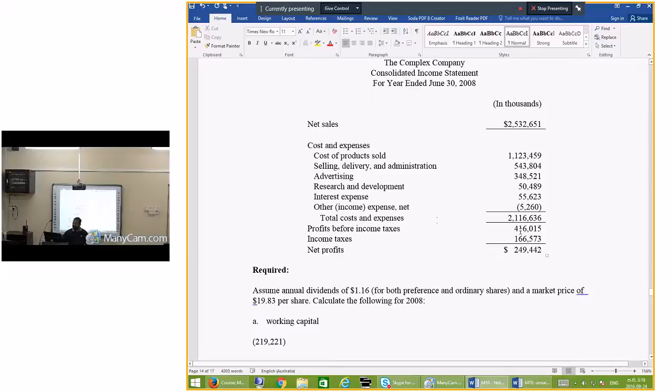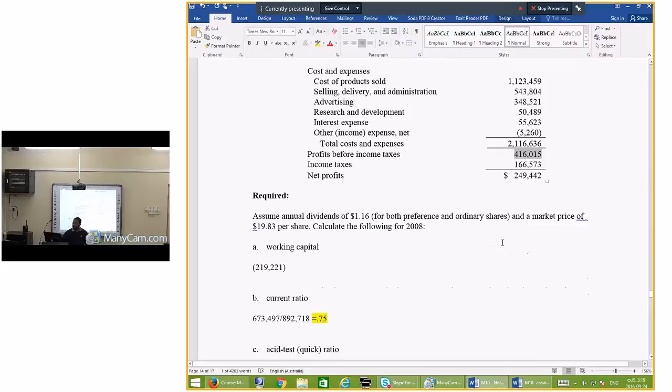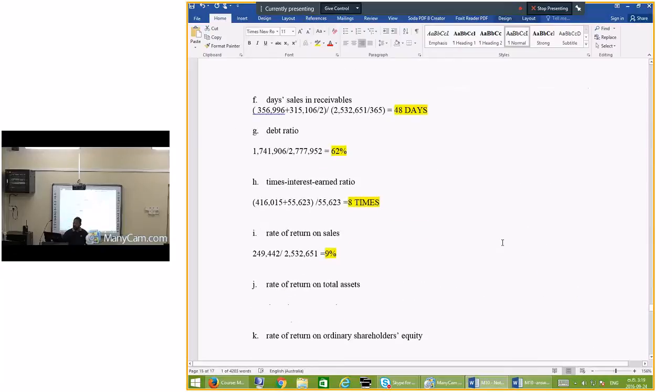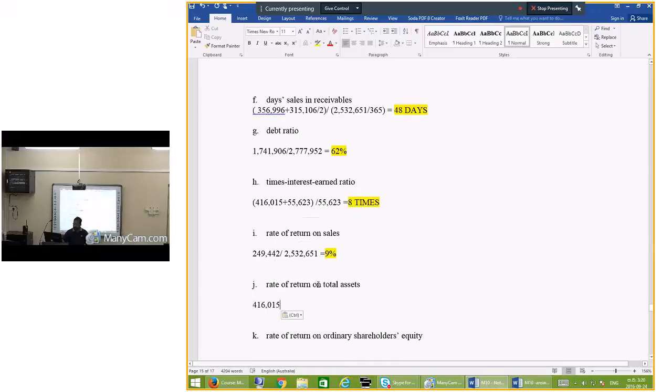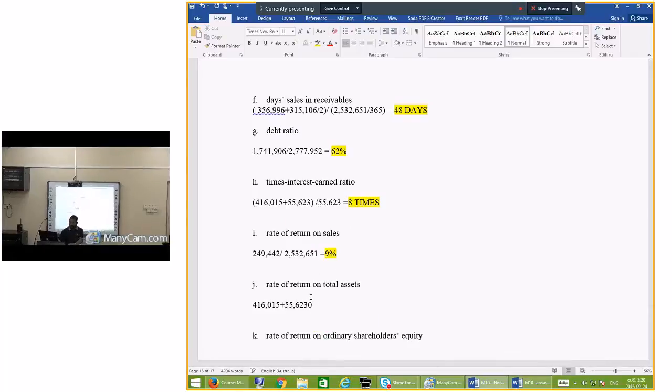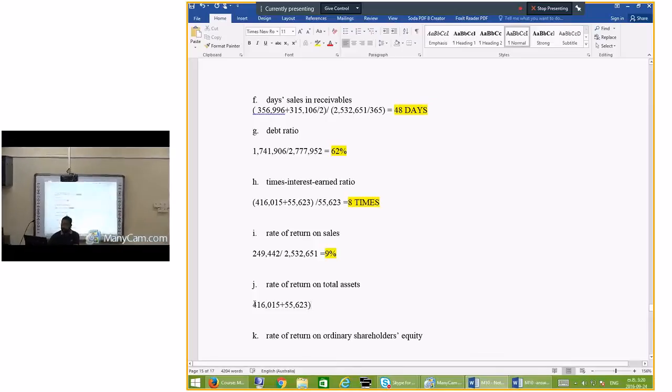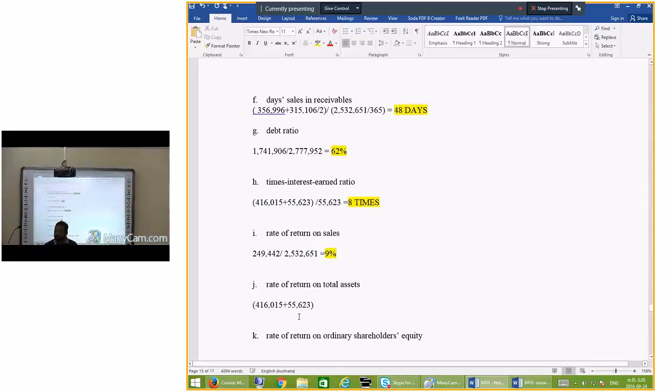Profit before tax 416,015 plus interest. Then you have to calculate the profit before interest, therefore add back the interest portion, divided by the total assets.